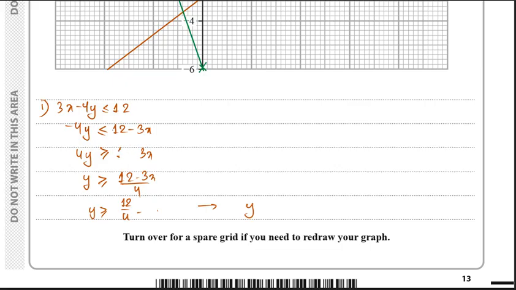Sorry, I made a mistake here. If you divide both sides with a negative sign or multiply it, then I'm sorry for that.